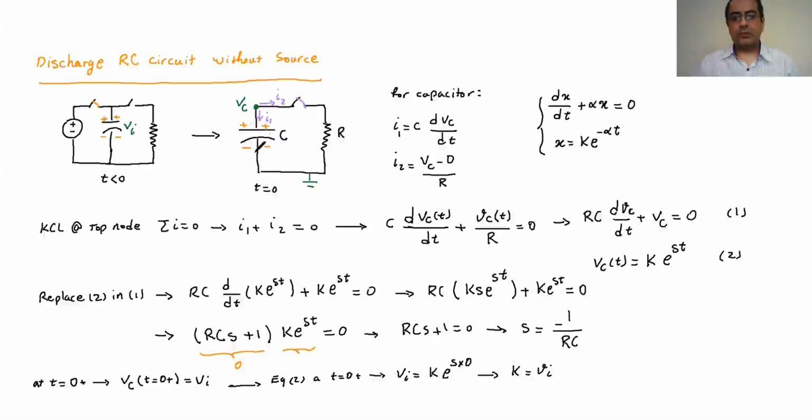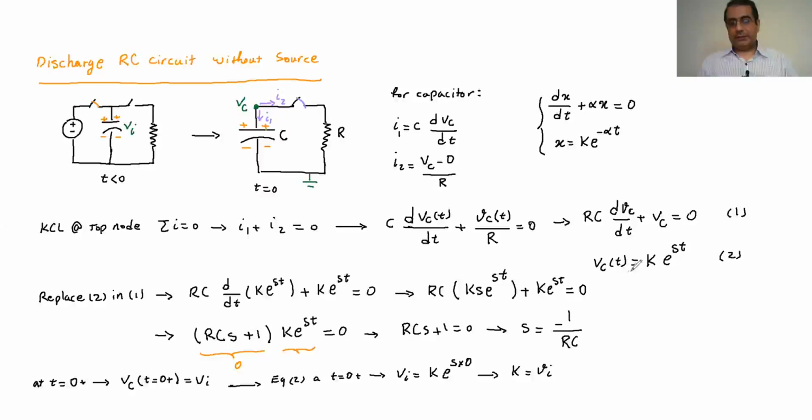We want to see how the voltage is going to drop right after we connect it to the resistance. So we write the node voltage equation, and eventually we come to this differential equation. The solution to that differential equation is this second equation, and so we want to find this solution. That's what we are looking for.